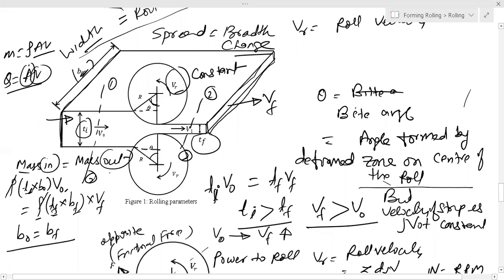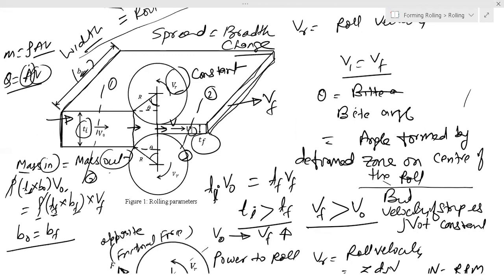Up to here you have V, and then here you have V1. I have written 1 meaning after one pass, but there is only one pass. Then this V1 will change into V final, because sometimes there will be multiple rolls. So V1 of the first pass or first roll will be the incoming velocity of the second roll.